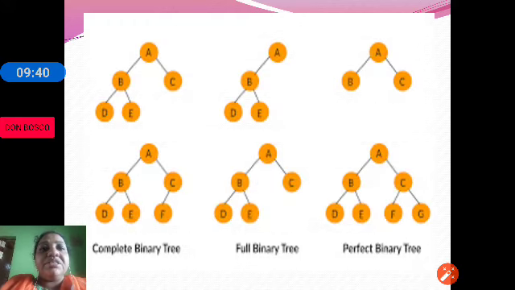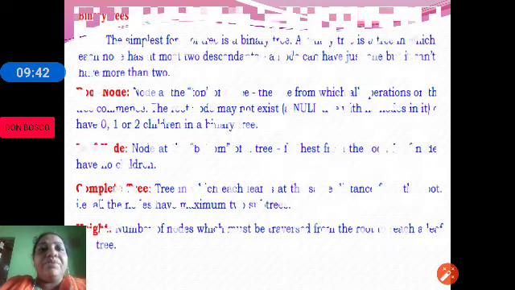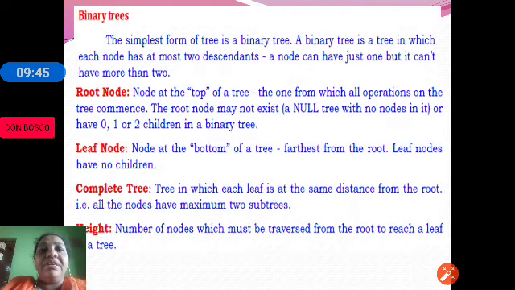So let us discuss some of the basic terminologies of the binary tree. Root node. Root node is the topmost node. If root node is null, there is no tree. Leaf node. Leaf node is a node which will not have any child nodes. Complete tree.